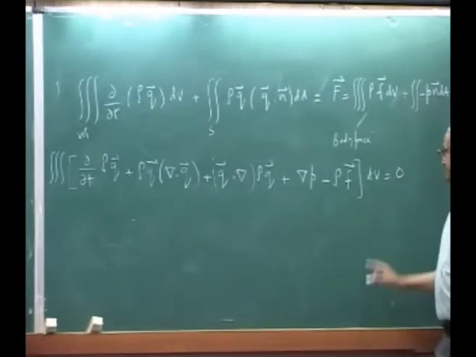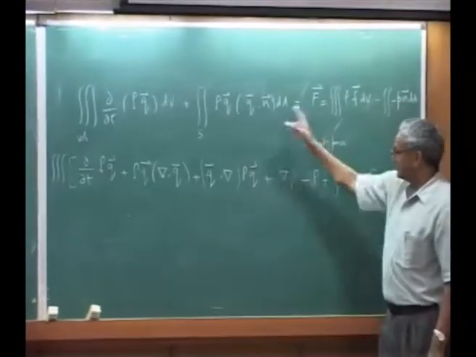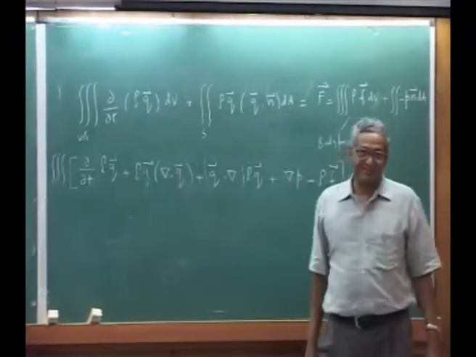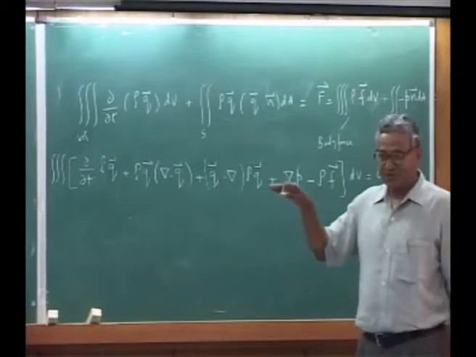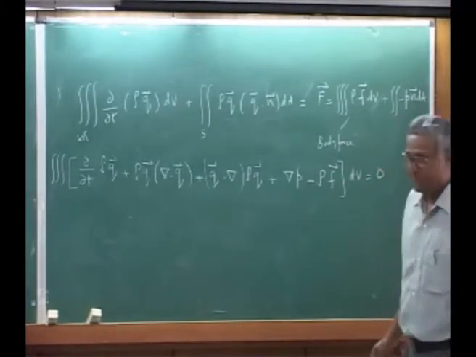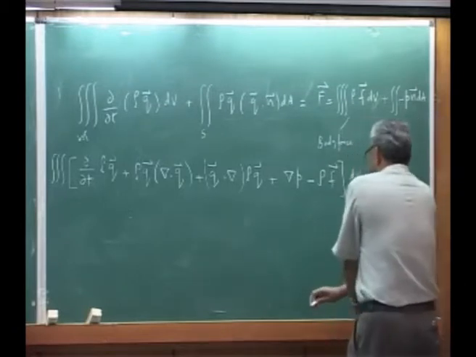Now you see, since I have taken these terms to the left hand side, this term gets converted by that second relation. That is why I keep writing that, because you have to keep track of how everything gets converted into another long expression.